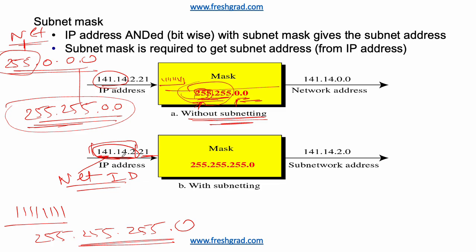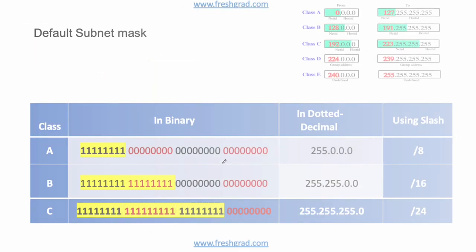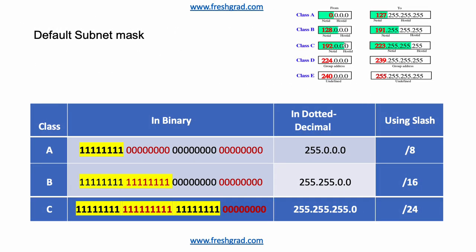This will become all ones, so it's 255. This will become all ones, so it's 255. And dot 0, the host will become 0. The host part you can assign to devices.